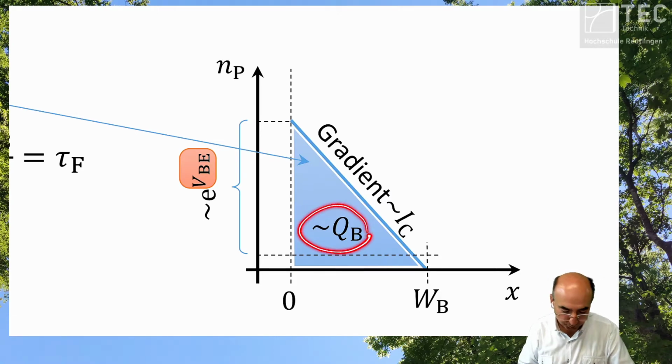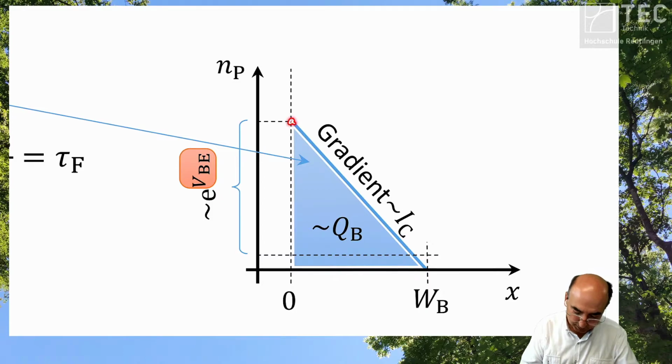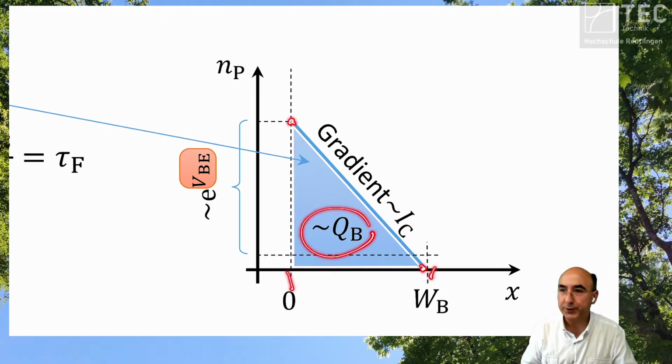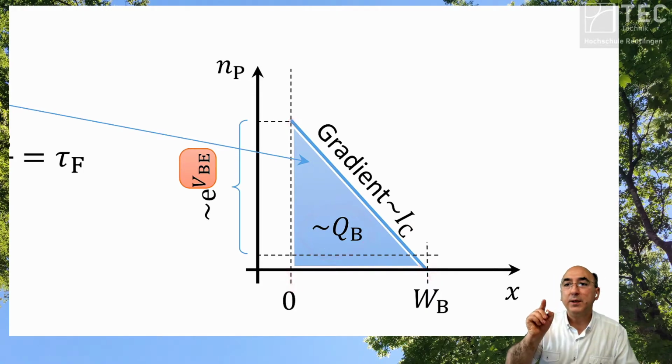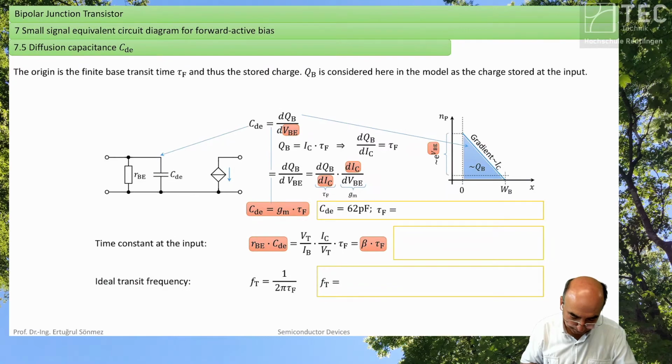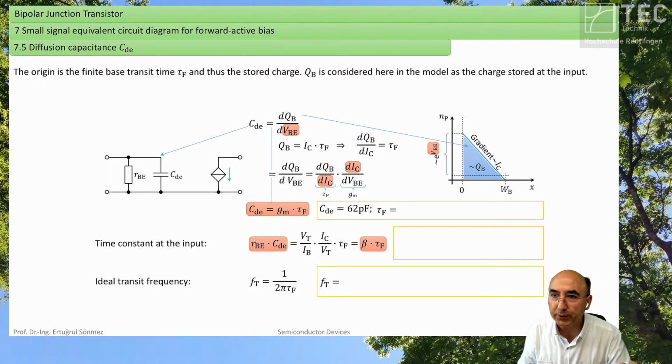You put in here particles, they put them here out, and we have a certain amount of charge. Let's calculate that value. And if you calculate the change, what is a changing charge as a function of the space charge region or as a function of the voltage? It's capacitance.